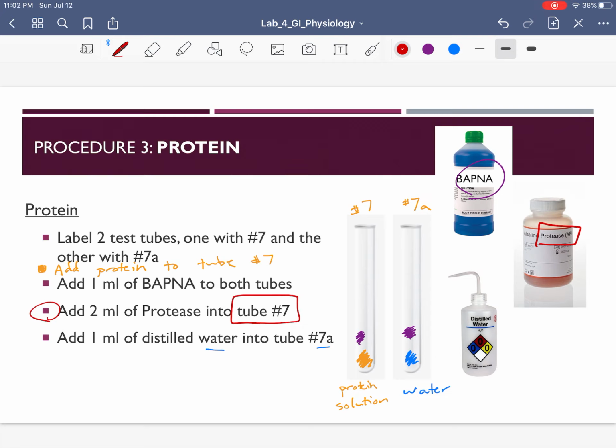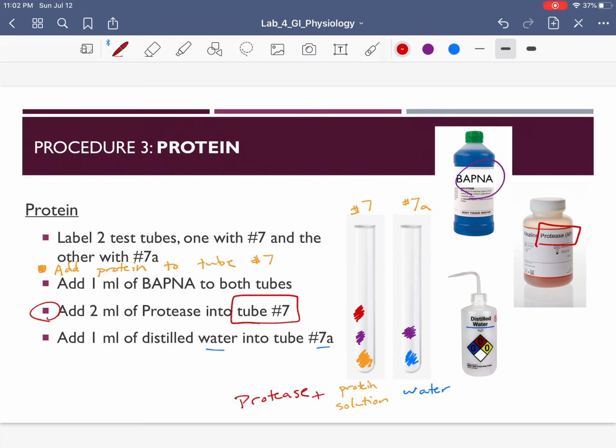We're adding the protease enzyme only to test tube number 7. So test tube number 7 has our protein solution plus protease. Okay, so the stage is set. Test tube 7, protease plus the protein. Test tube 7A, water, and that's it.